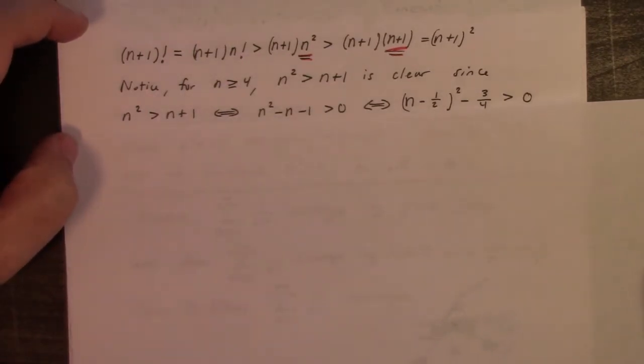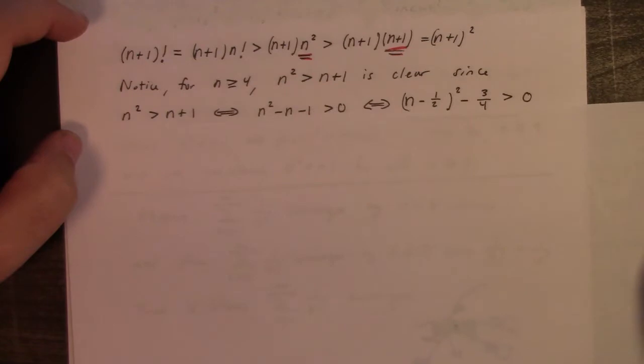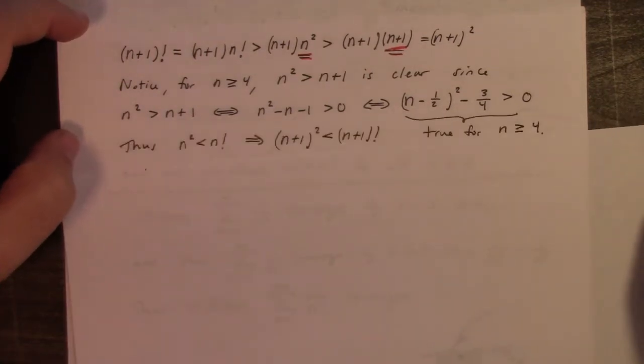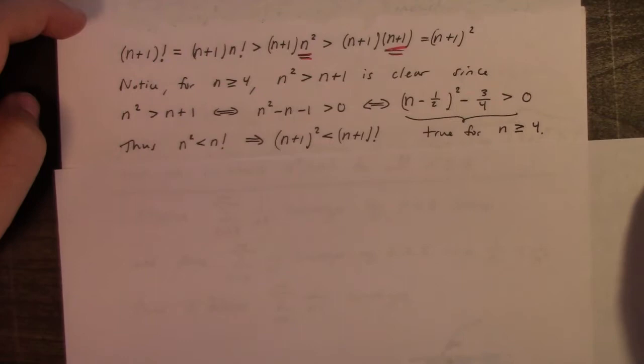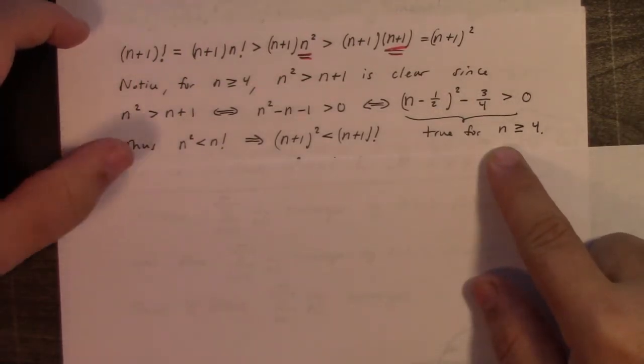For n greater than or equal to 4, n squared greater than n plus 1 is clear, since n squared greater than n plus 1 is equivalent to n squared minus n minus 1 greater than 0, which is equivalent to n minus 1/2 squared minus 3/4 greater than 0. And you can check that that is true for n greater than or equal to 4.